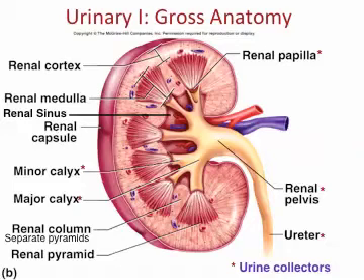Then, deep to the renal capsule, you find the renal cortex, the outer rind of the kidney. Generally deep to the renal cortex is the renal medulla. But this is where people get confused.